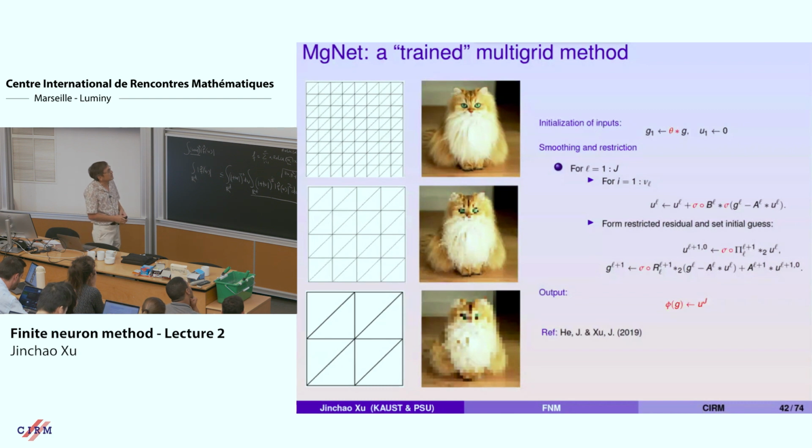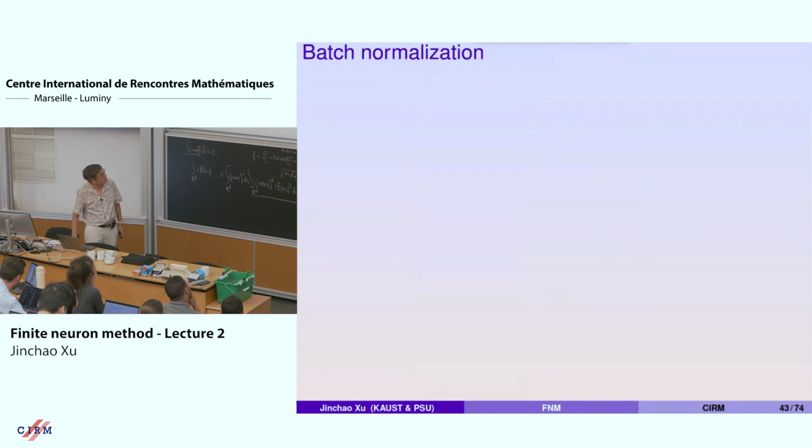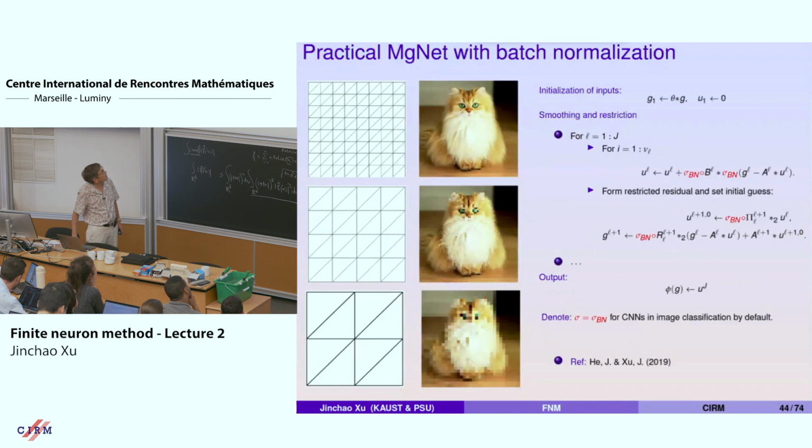When I teach a deep learning course these days, I give my students the task of solving a PDE. There's a black box, that's the multigrid code. Then my MGNet is just maybe something more, there's something called batch normalization.